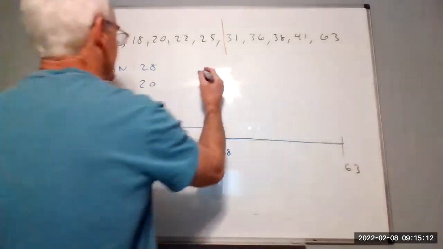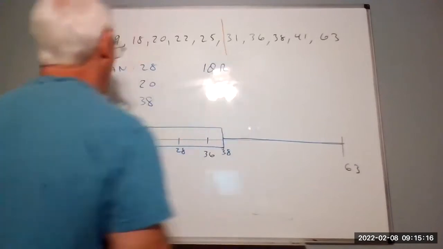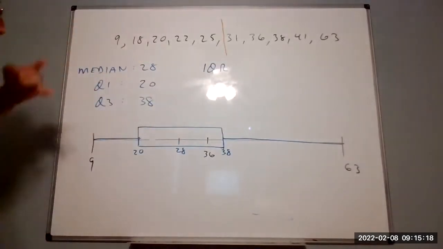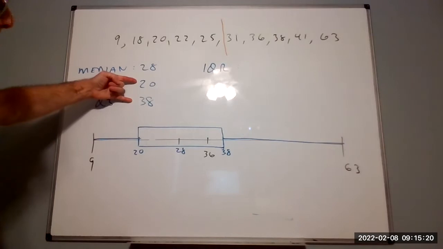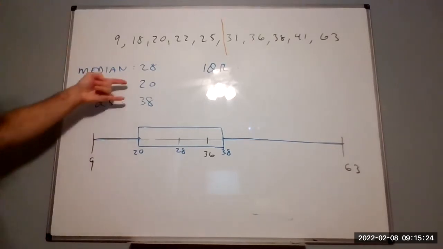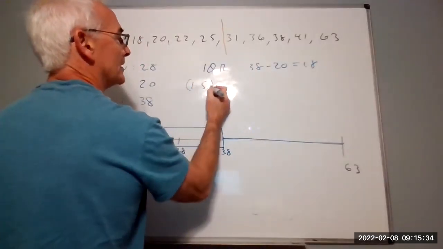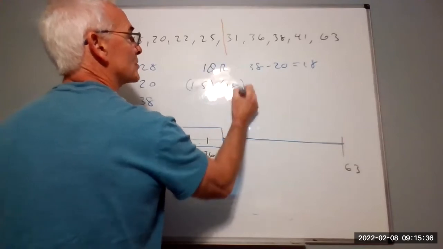So first calculation, what is the interquartile range? Well, how do I find it? I take the difference of these two numbers. Okay, so what's the interquartile range? 18. 38 minus 20. Secondly, what is 1.5 times the interquartile range?